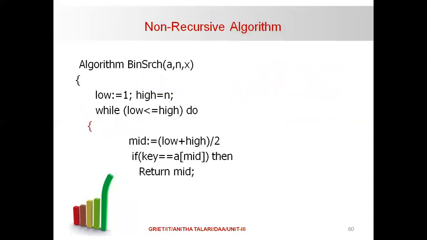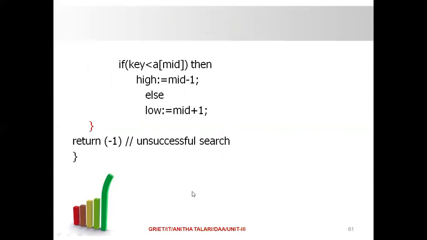This is the algorithm for non-recursive binary search. As long as elements are present in your list, you're going to calculate the middle position and check whether the key you're trying to search is present at the middle element. If it is a success, then you're going to return the middle position.